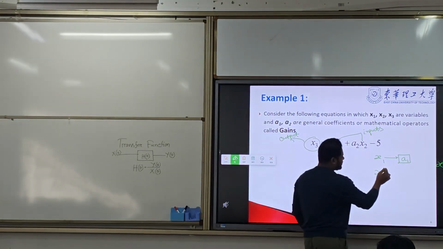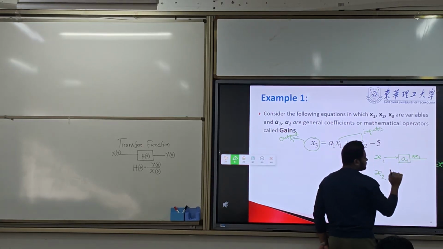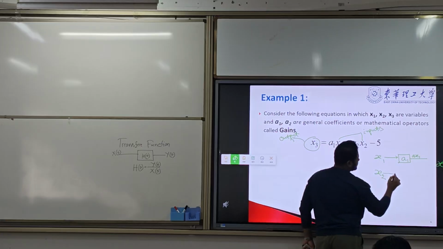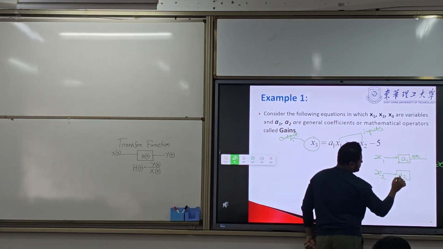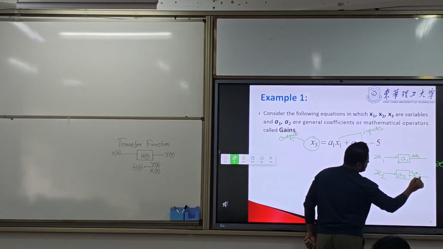Both will multiply and it will give you the value of a1 x1. Okay. Same thing for a2 x2. This will give you the value of a2 x2.